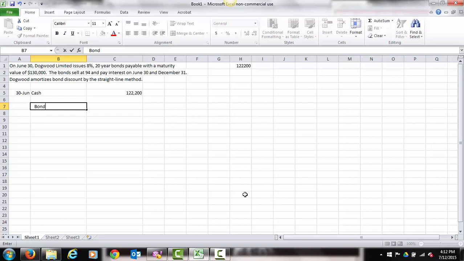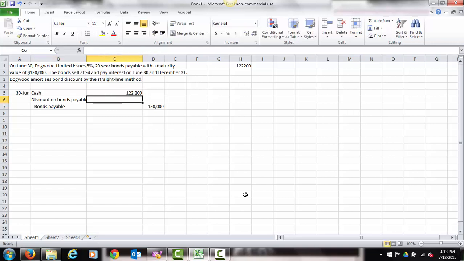And now I'm going to drop down a couple lines and put in the amount of the bonds payable. Because we know that that's a credit, that's a liability, a long-term liability that we are going to have to pay back. And then this amount is the discount on bonds payable.